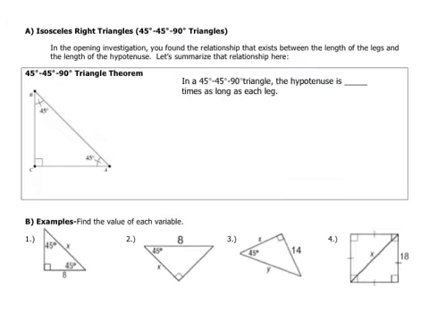All right, what we're going to do is just summarize and state again what you guys saw in that investigation. So in a 45, 45, 90 triangle, the hypotenuse is radical 2 times as long as each leg.